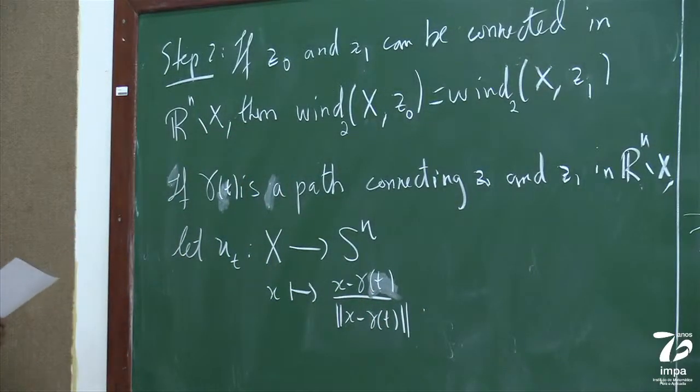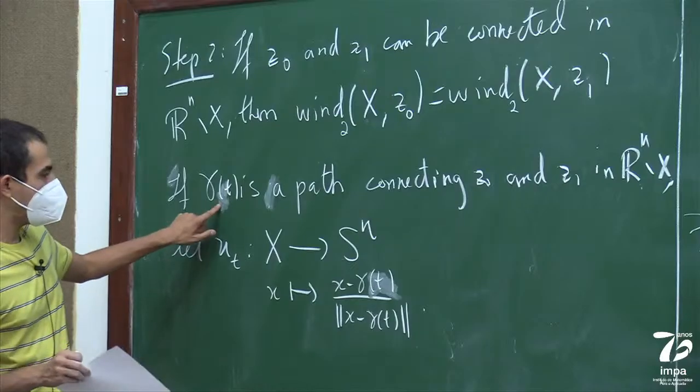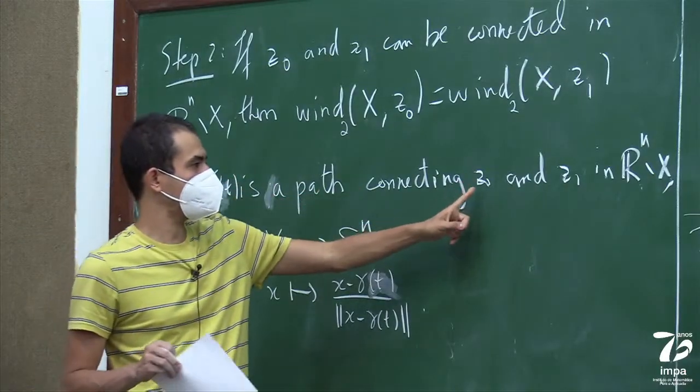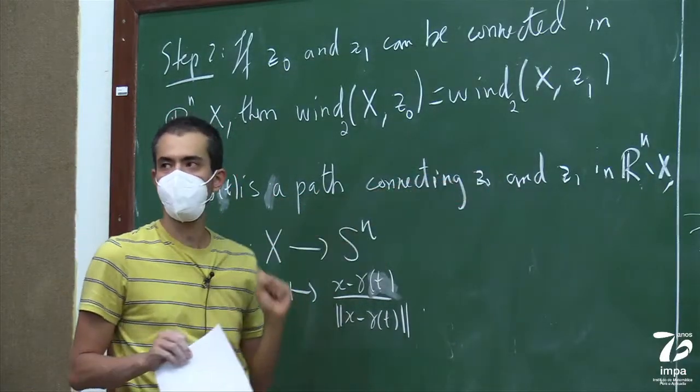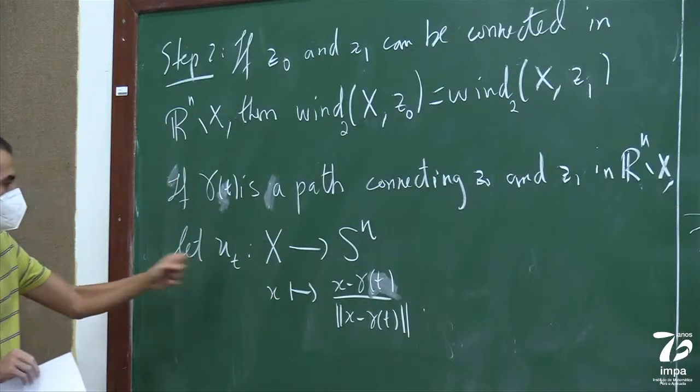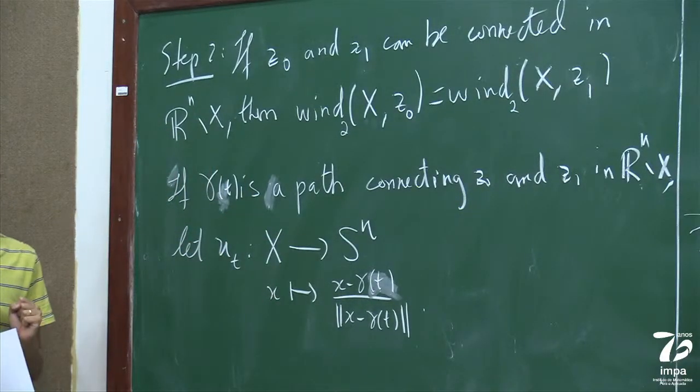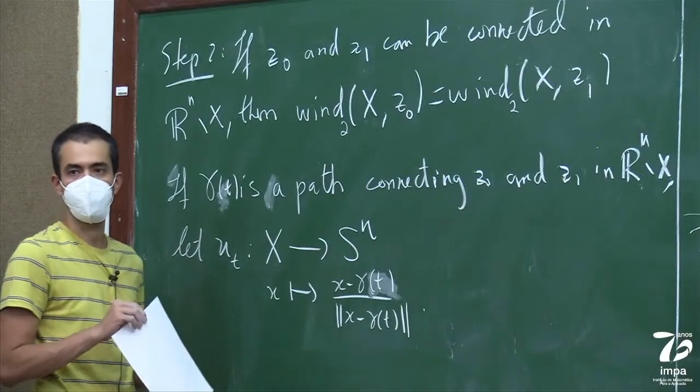And now, because this path is contained in the complement of x, this map ut is well defined for every t. The denominator is never 0.